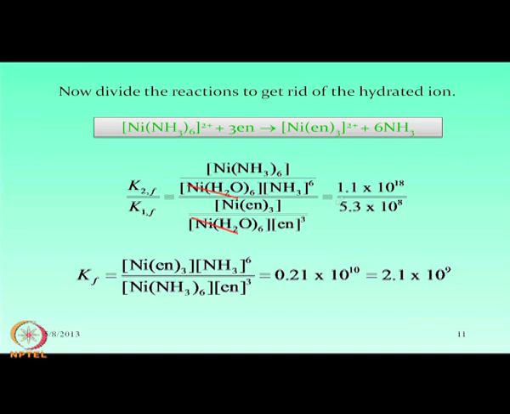We get some ratio like this, which is 1.1 into 10 to the power 18 divided by 5.3 into 10 to the power 8, and this value is definitely nothing but the formation of the trischelate from the amine complex. So, that way we get the corresponding formation constant value for the direct formation of the tris-ethylene diamine complex from the hexaamine complex, and in that particular case we find the corresponding value as 2.1 into 10 to the power 9.